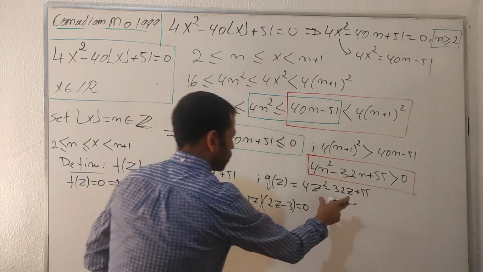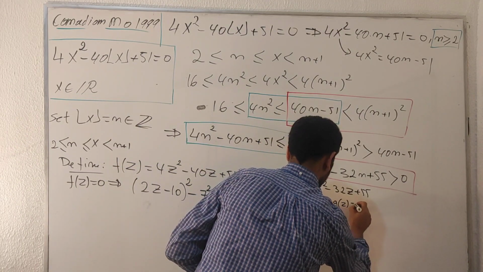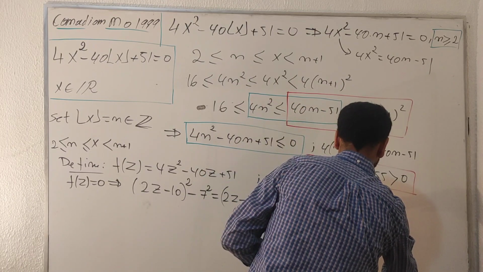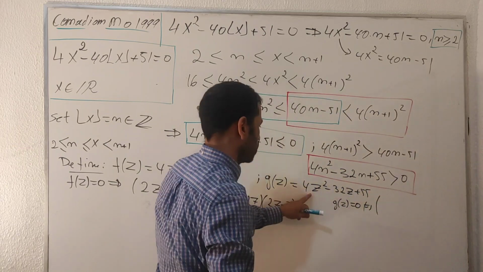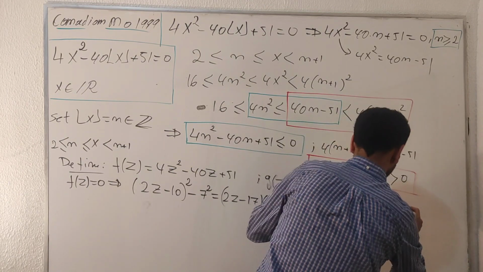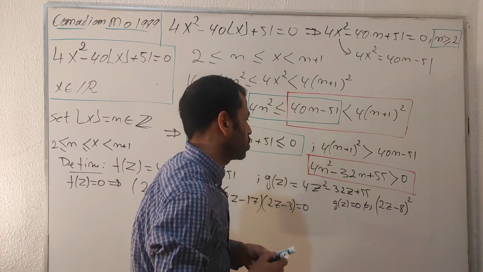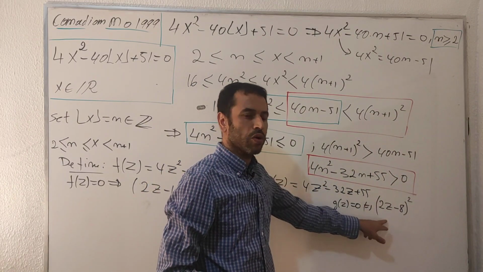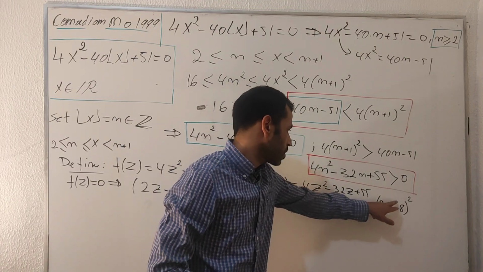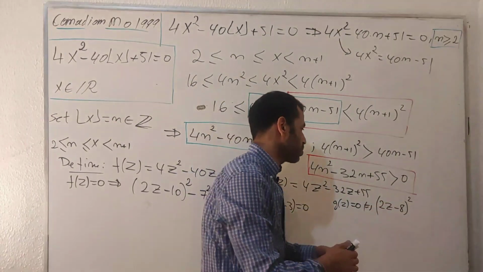Okay, for this one, I get g of z equals 0. I will have the same thing here. I get here (2z minus 8) squared, because if I distribute this one, I get 4z squared minus 32z plus 64, but I have only 55 here, so I put minus 9.